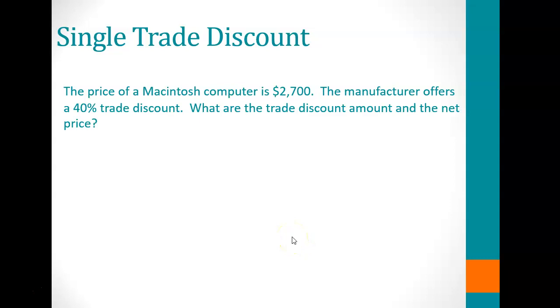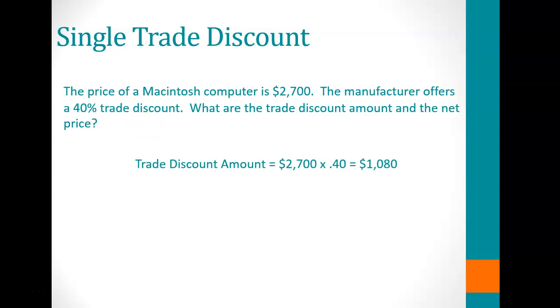We'll take that information, we'll put it into some actual numbers. What if you want to buy a Macintosh computer that costs $2,700, but they're offering you a trade discount of 40%? Two questions. What will be the amount of the trade discount? And what would be the amount of the net price? That would be the price after the actual trade discount.